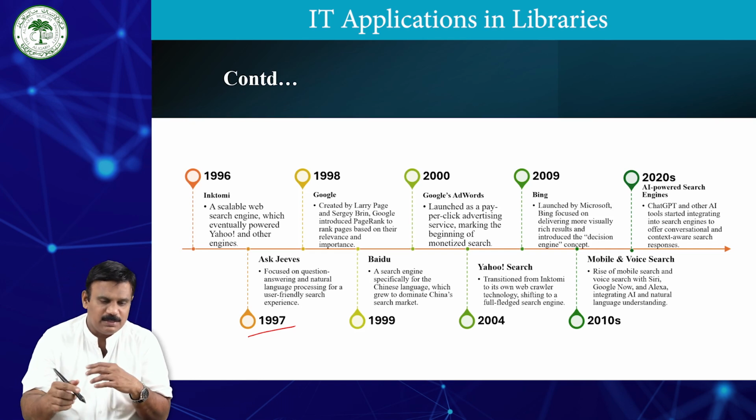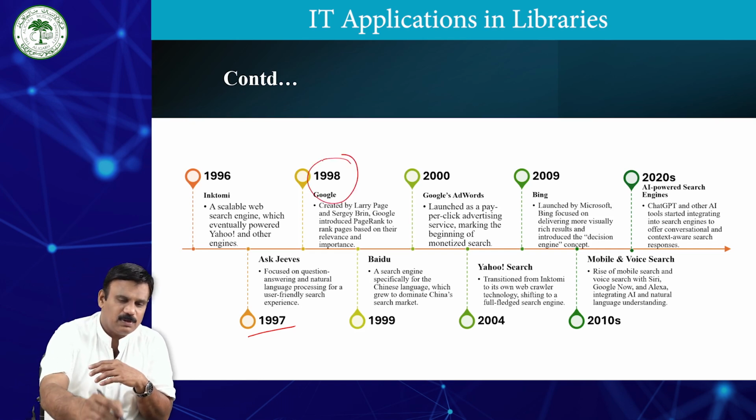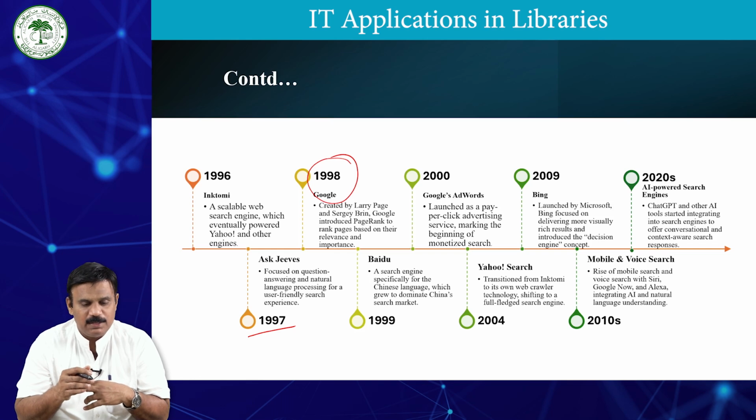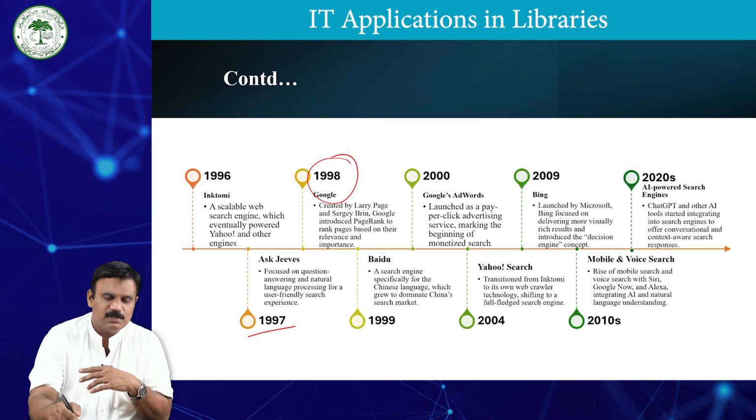And in 1998, there was the emergence of Google, created by Larry Page and Sergey Brin. Google introduced PageRank to rank pages based on their relevance and importance. In 1999, Baidu, a search engine specifically for the Chinese language.